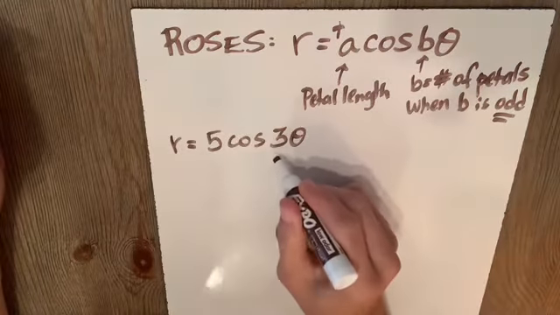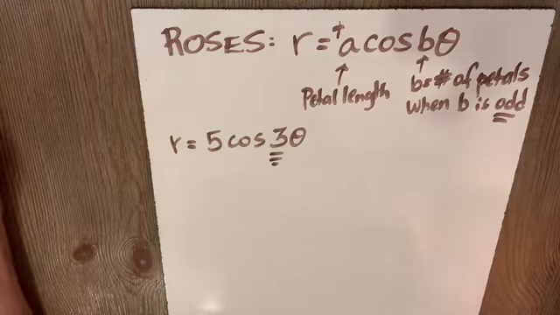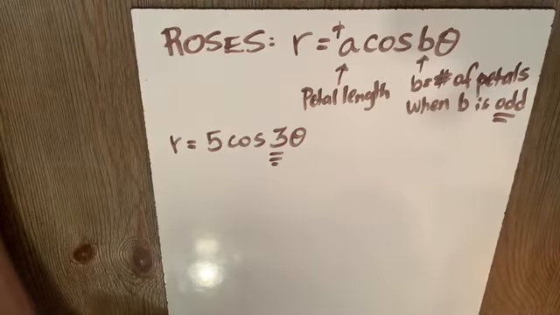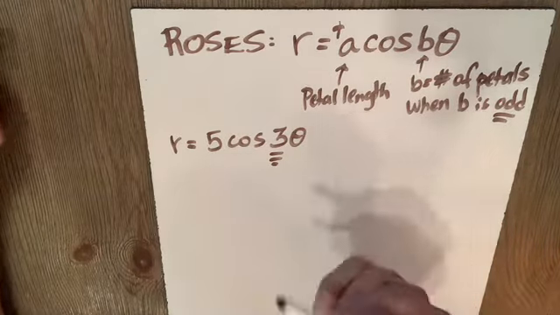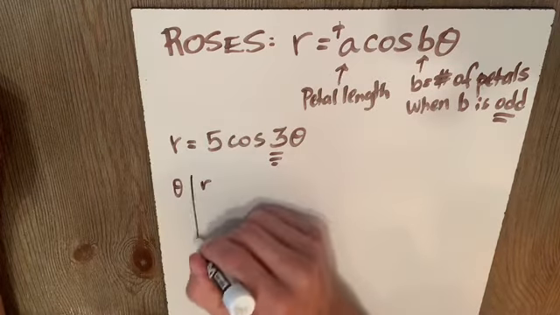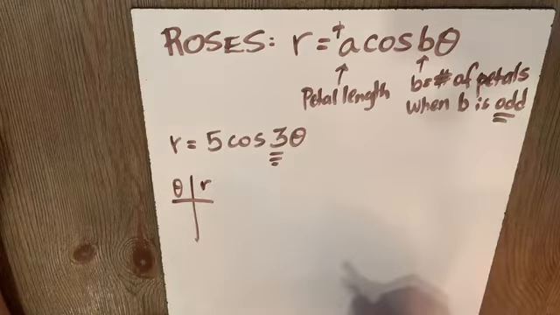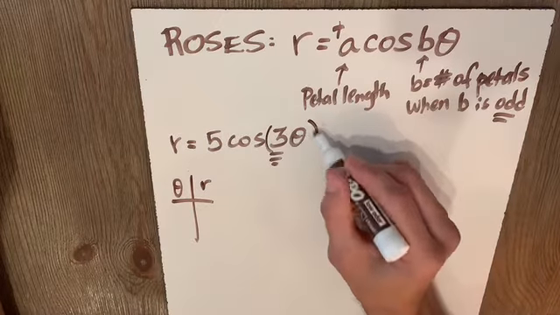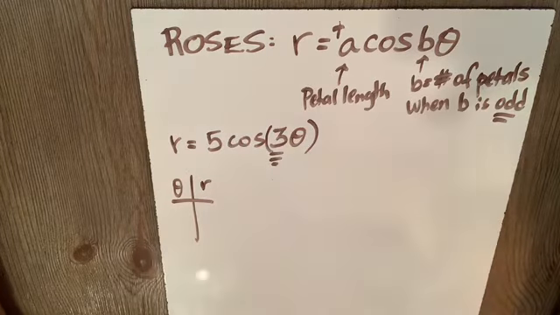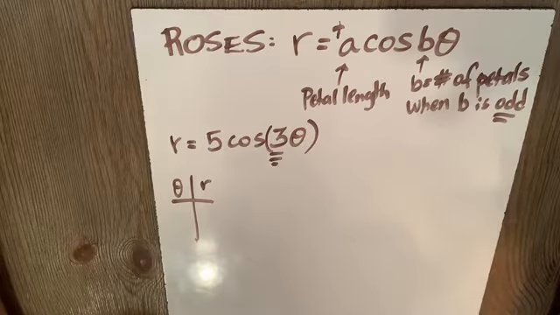Let's up the ante a little bit and put number of petals at 3. Well, it's still an odd number, so I know that the number of petals will be 3. I'm not going to do this often, but I'm going to make one theta r choice here. We're going to take whatever our angle is, multiply by 3, and then take the cosine of that.